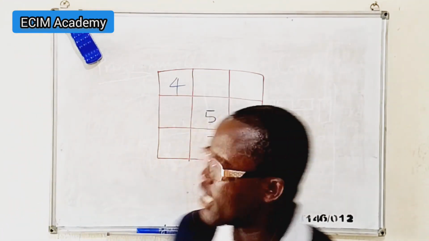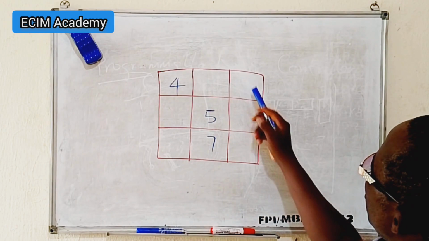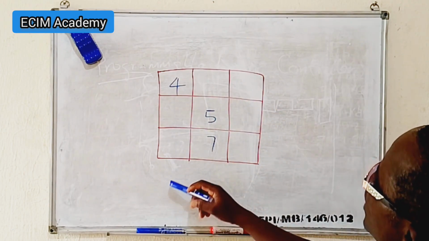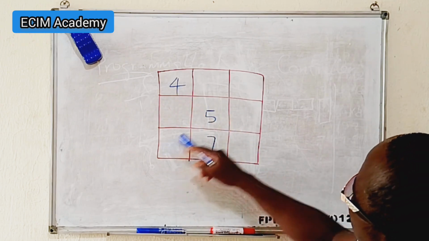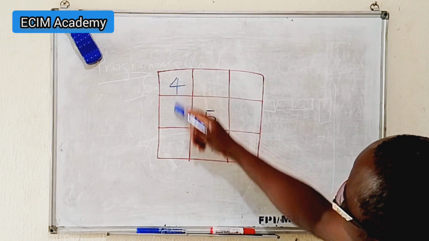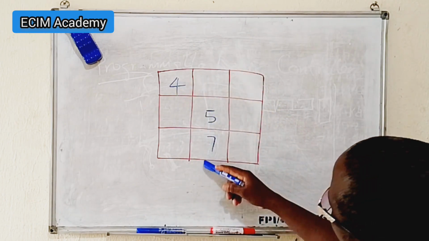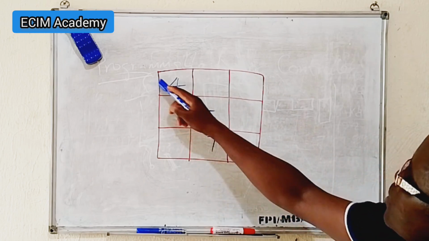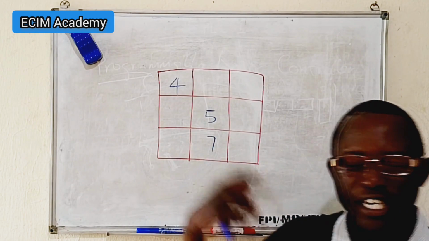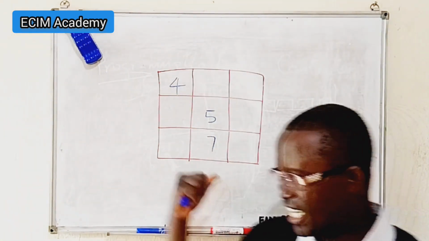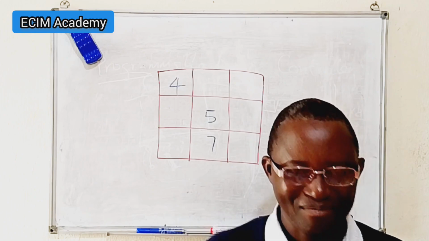How can we put other numbers in all these cells so that the sum of this diagonal will be equal to the sum of this diagonal, will be equal to the sum of each column and each row? All of them should be equal. Let's watch and see the trick.